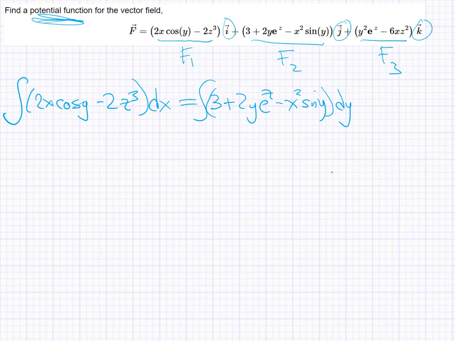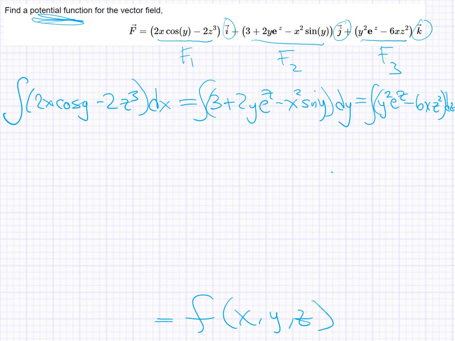And that should equal the third component with respect to z, so the integral of y squared e to the z minus 6xz squared, again with respect to z. And they should all equal each other. They should all be equaling this potential function that we're trying to build. Okay? So let's look at each one of these integrals.